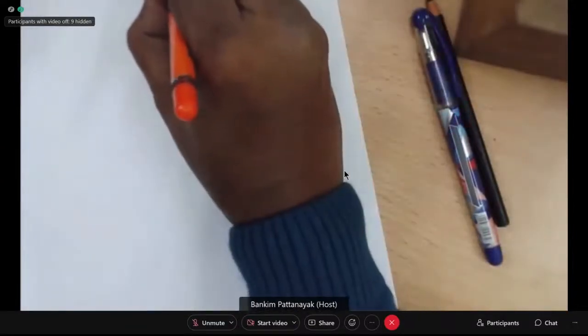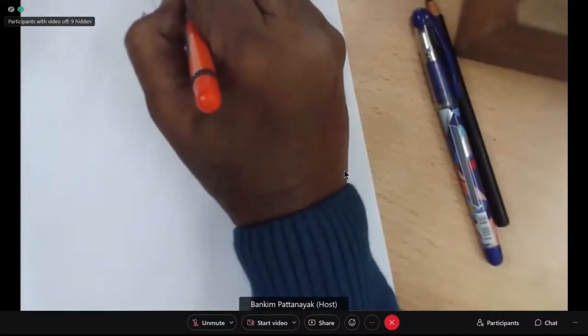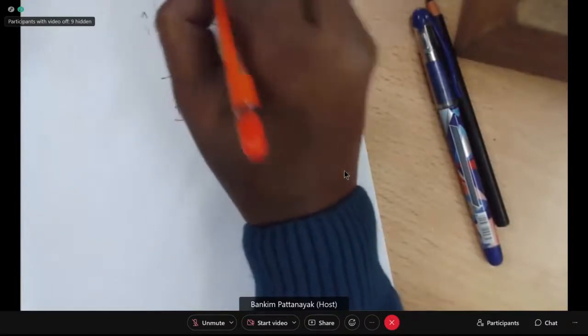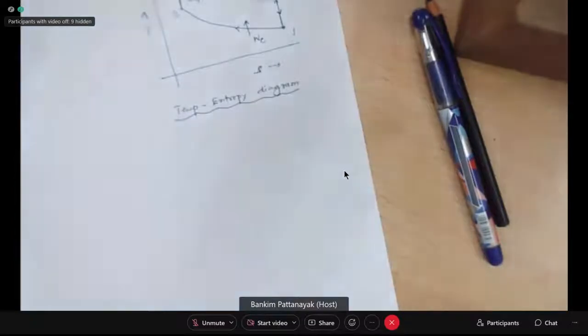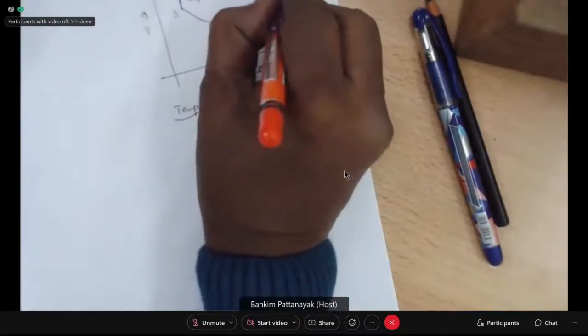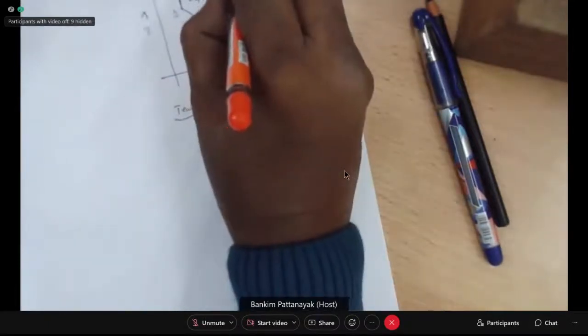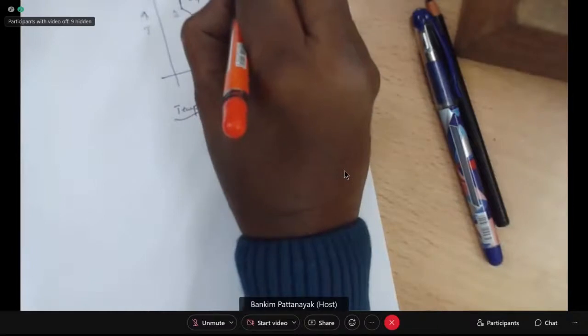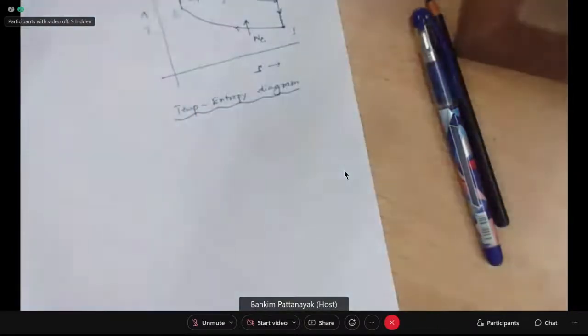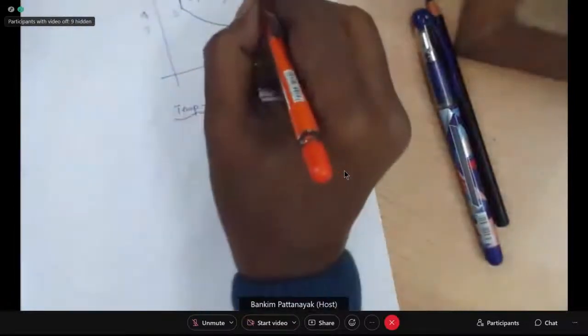Now, after this heat addition into the system, it explodes. When the explosion happens, 3 to 4 is giving you the work output, WE. We are waiting for this work output.